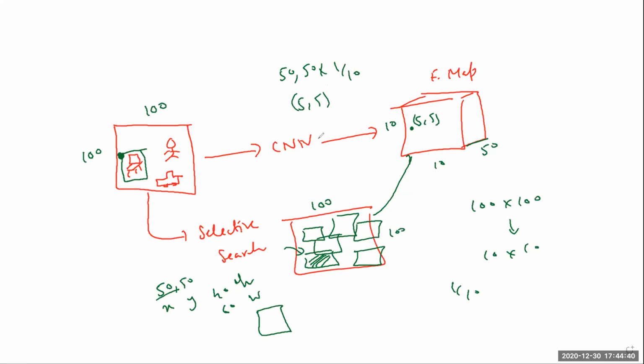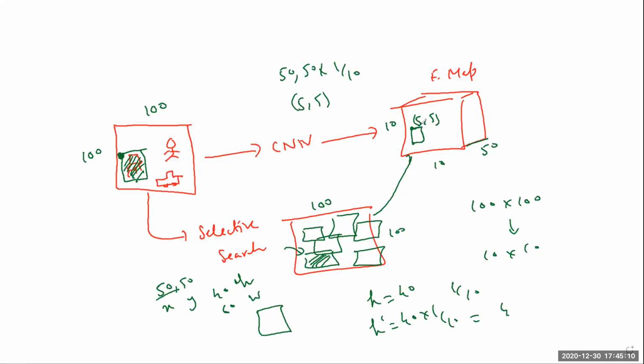Similarly, if the height was 40 in the original image, then h prime would be 40 cross 1 by 10, that is 4. It means the height would be 4 and the width would be 6. So in other words, we have a box in the original image, we are projecting or mapping it on the feature map, to find where this box would be in the feature map. So this is the key idea.